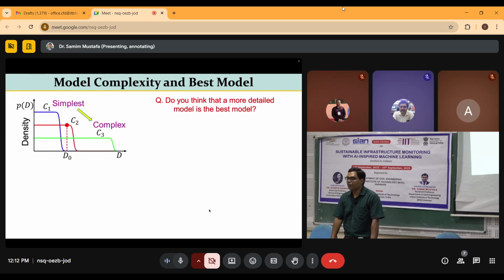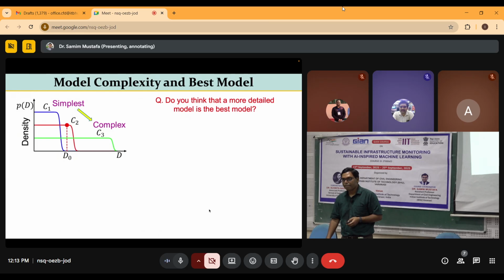Suppose you have developed a very complex mathematics, some large equation to predict something. Do you think that will be your best model, or some other? Yes, so the answer is no, basically. Yeah, you want to say something? Depends what outcome we are getting.